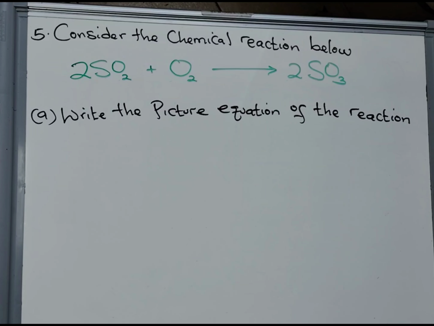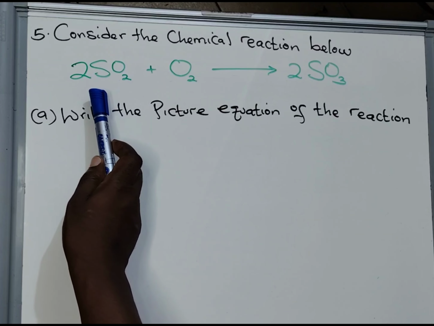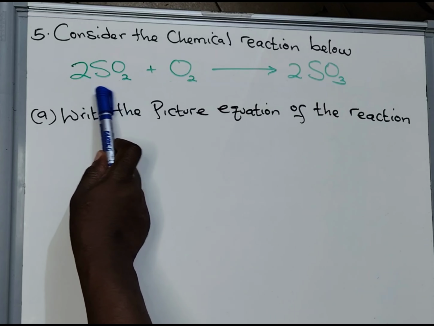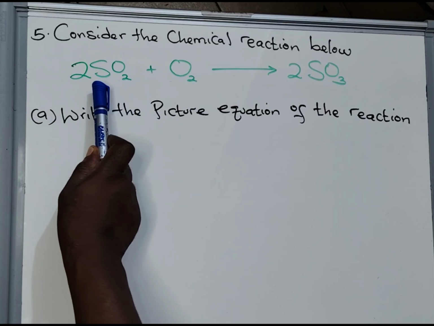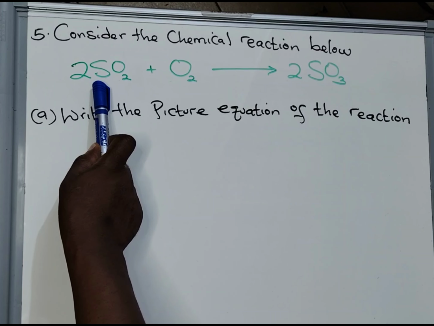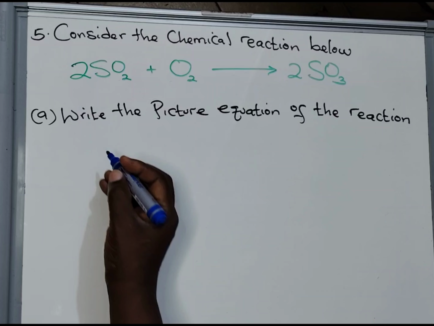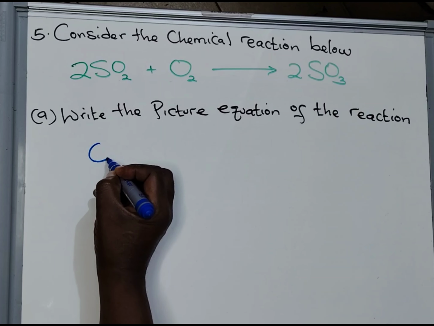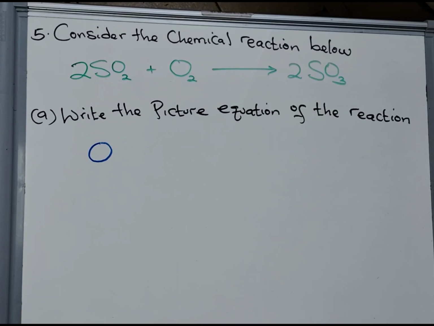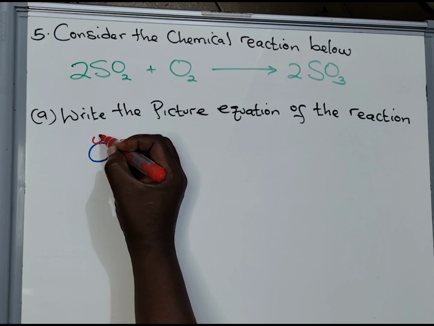Okay, let us look at this one first. What do we see? This is the molecule. It has sulfur attached to 2 oxygen atoms. So how can we represent that? We can say that one is the sulfur. And so these are our attachments.